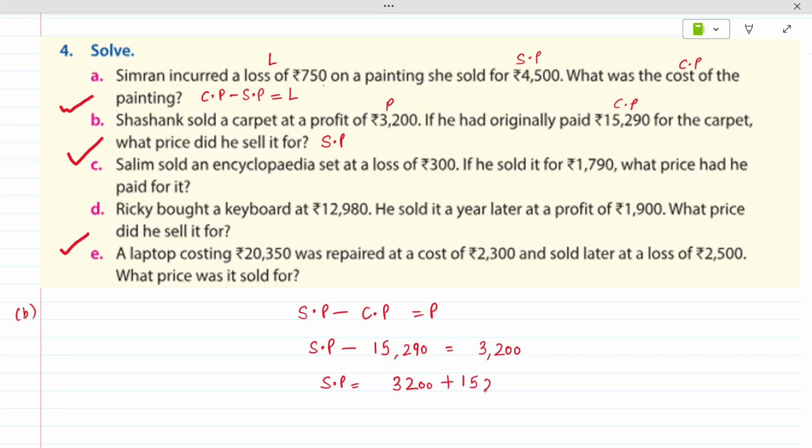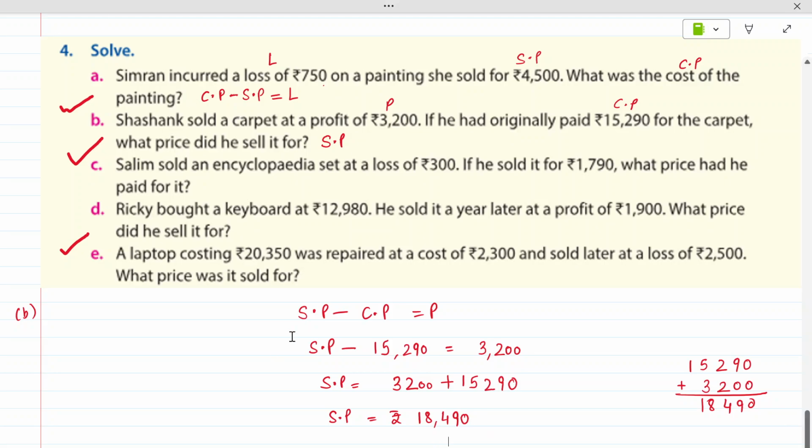So this is 15,290. So let us add this 15,290 and 3,200. So this will be 0, 9, 4, 8 and 1. So this gives us the selling price of the carpet, which is rupees 18,490. Okay, so I hope this is clear.